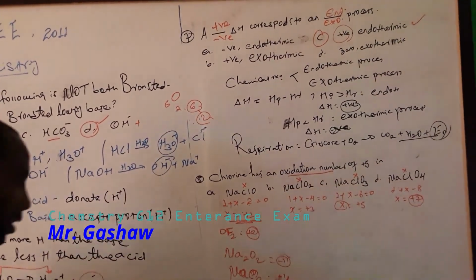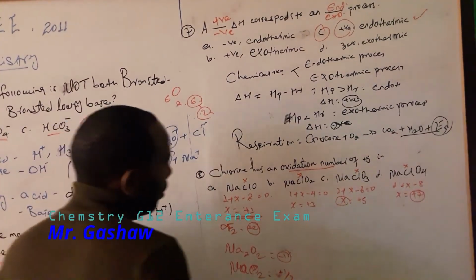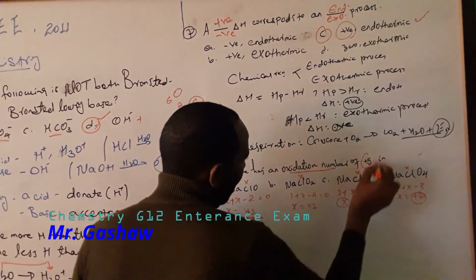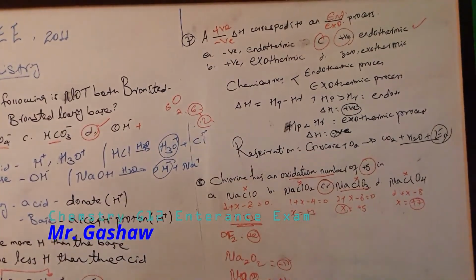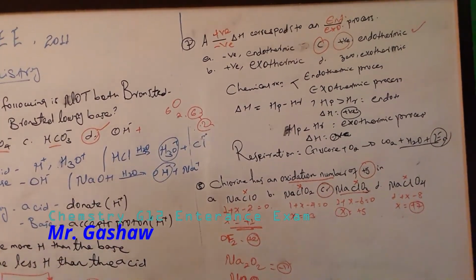So, determining accordingly, the oxidation state number of chlorine is +5 here. So your answer becomes C. This is question number 8.